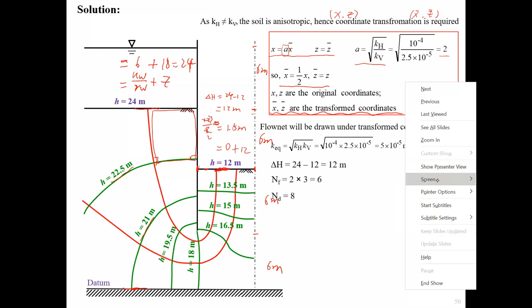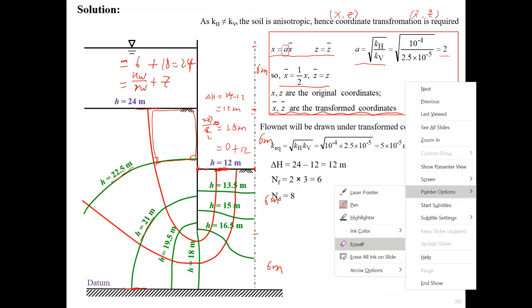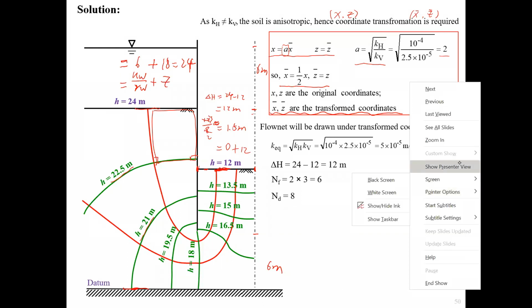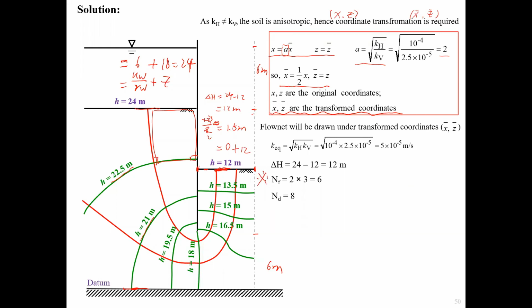And the number of flow tubes: 1, 2, 3. Because it is symmetric, we have to times 2 here. So 3 times 2.